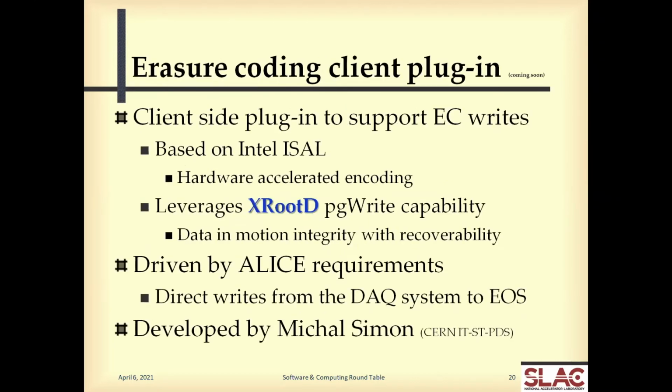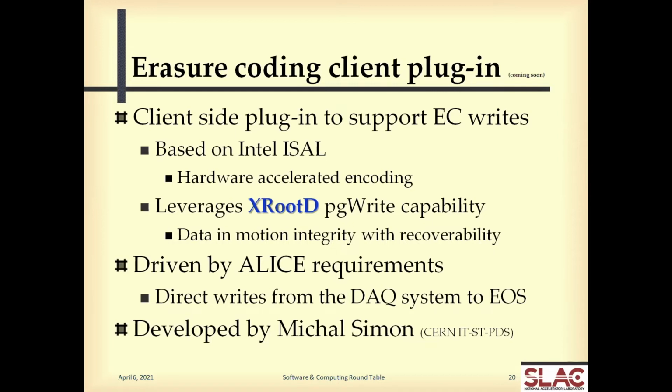Another one coming soon, which is interesting to a lot of people, is client-side support for EC writes, erasure coding writes, based on Intel ISA-L hardware accelerated encoding. That leverages the XRootD pgWrite capability, which is data in motion integrity with recoverability.